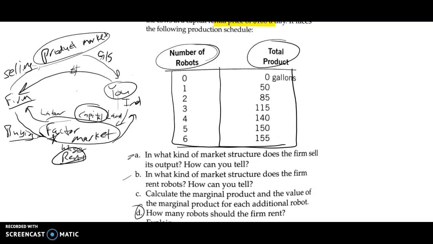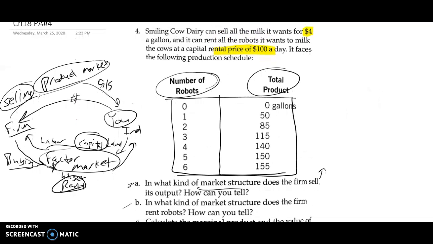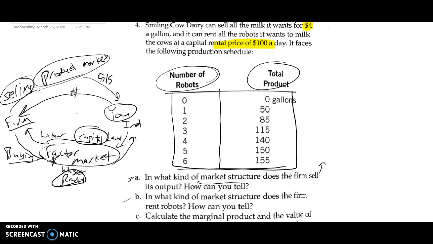It says, in what kind of market structure does the firm sell its output? And how do we know this? Well, in the selling of goods, the example above said it can sell all the milk it wants for $4 a gallon. So the demand for milk looks like this: $4, and it can sell as much as it wants at $4 a gallon.